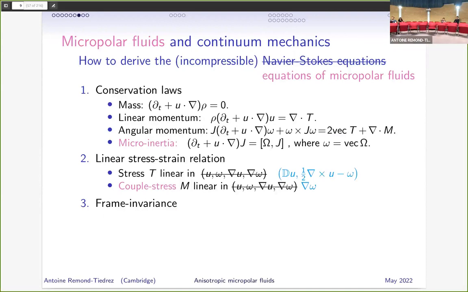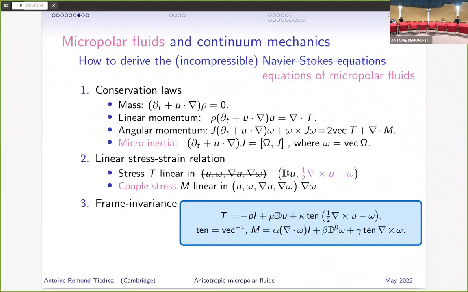So this will show up as a dissipative term in your equation that is basically driving the system towards having the curl aligning with the rotation of the microparticles. So it's driving the large-scale vorticity to be aligned with the small-scale rotation. But that's not something we're positing. This just comes from frame invariance.